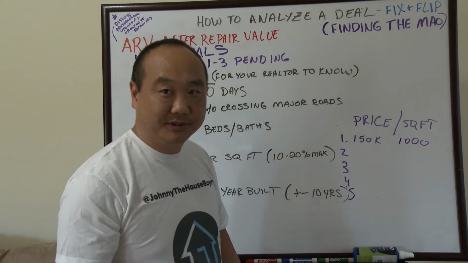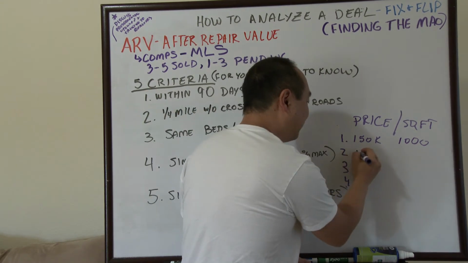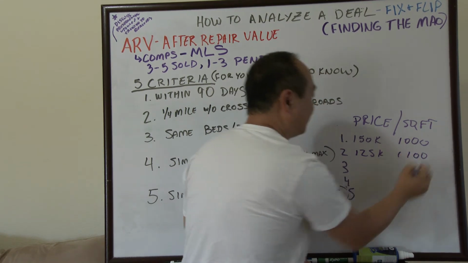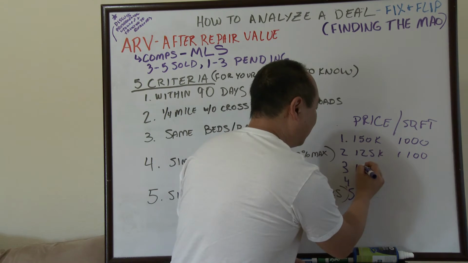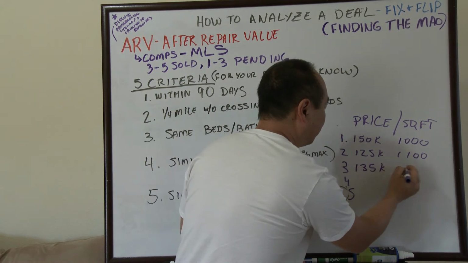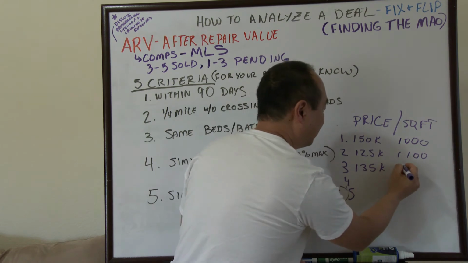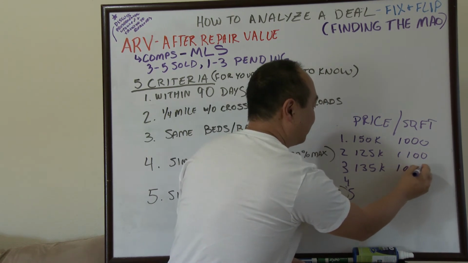The second house sold for $125,000, and it was 1,100 square foot. The third house sold for $135,000, and it had 1,000 square foot.